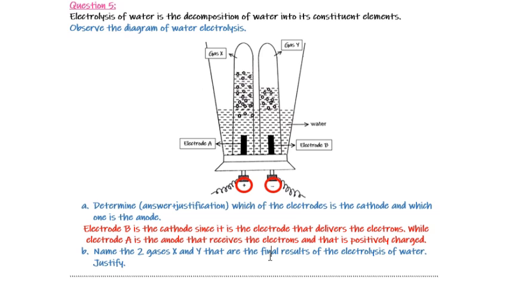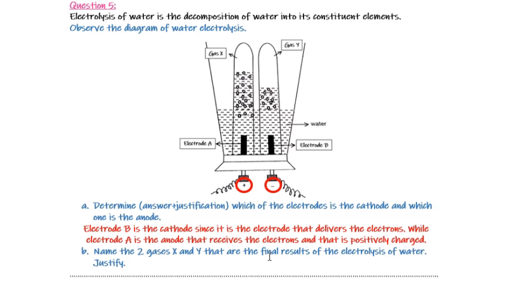What about the gases now? Name the two gases X and Y that are the final results of the electrolysis of water, and we have to justify also. Okay? As I said in the lecture video, there are two ways to identify the gases.